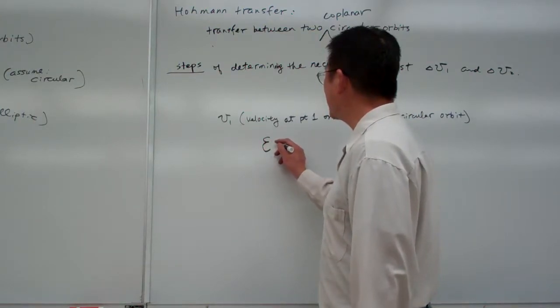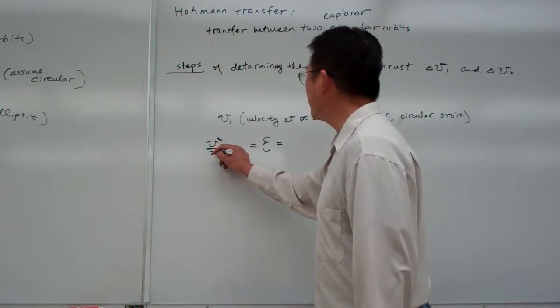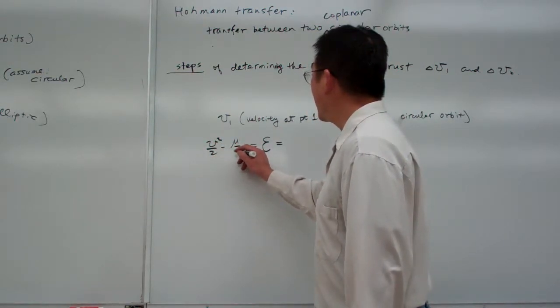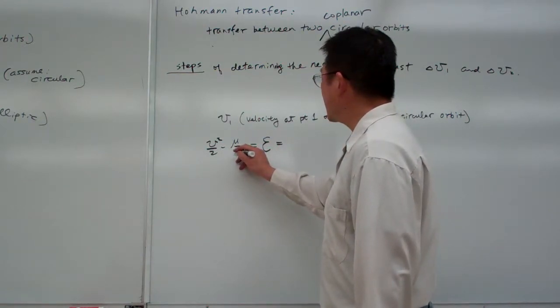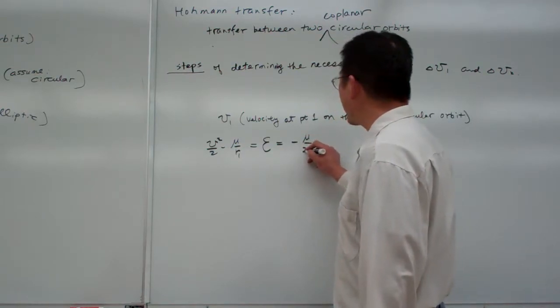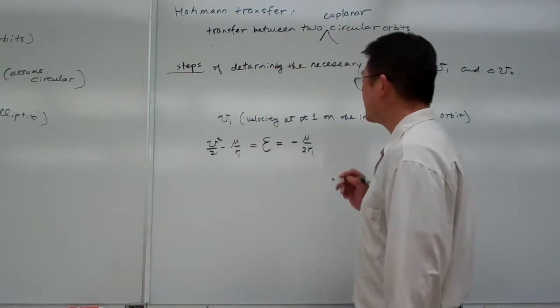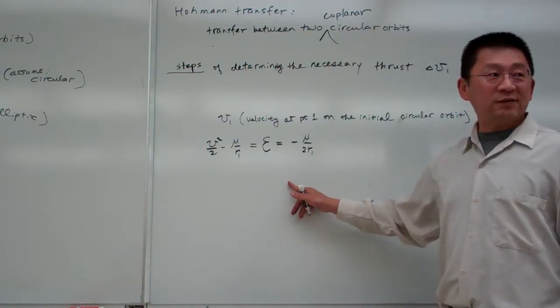E equal to, on one side, V squared over 2 minus mu over R. Say we have a circular orbit with radius R1, and on the other side is minus mu divided by 2A, where A is R1 here. We can utilize these equations.